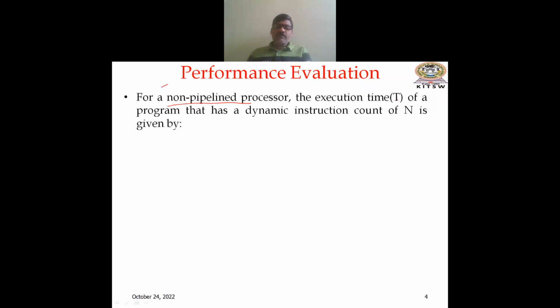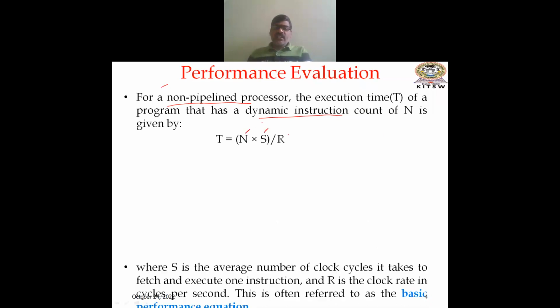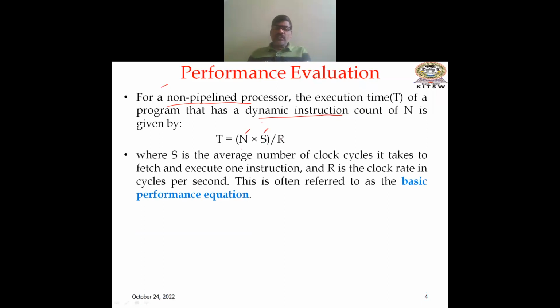Generally, the execution time of a program in a non-pipelined processor with a dynamic instruction count of N is given by N times S divided by R, where N is the instruction count, S is the average number of clock cycles it takes to fetch and execute one instruction, and R is the clock rate, that means how many clock cycles per second.